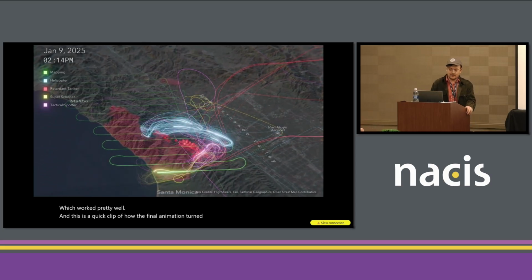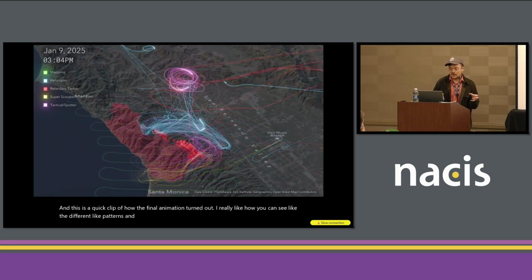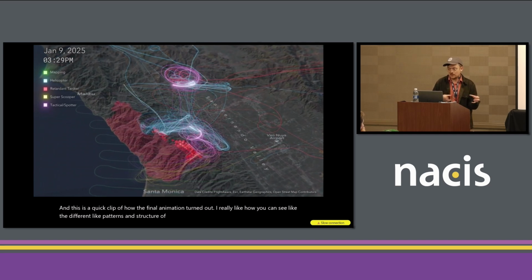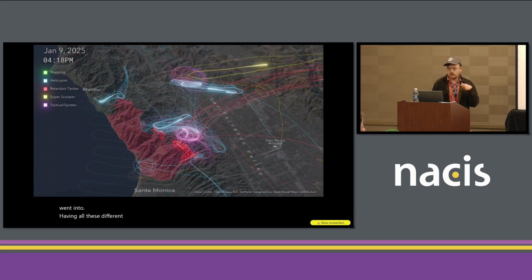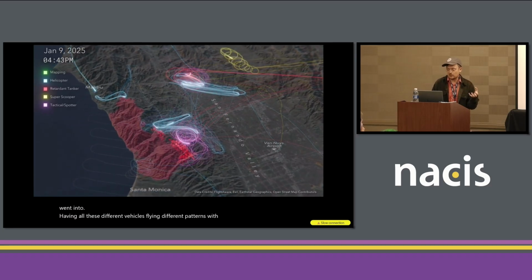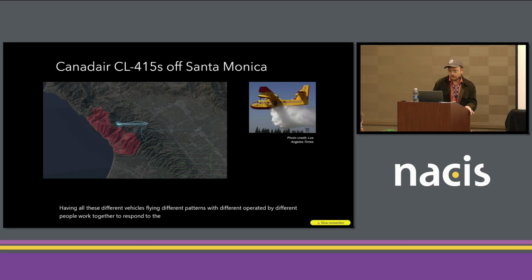I really like how you can see the different patterns and structure of the response and the sort of coordination that went into having all these different vehicles flying different patterns, operated by different people, work together to respond to the fire. A couple of the details popped out to me going through it.